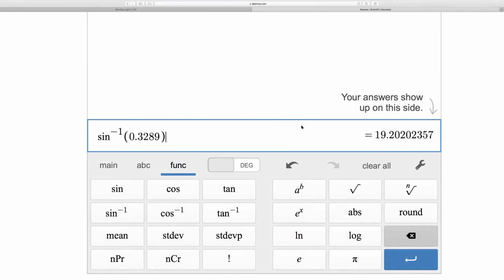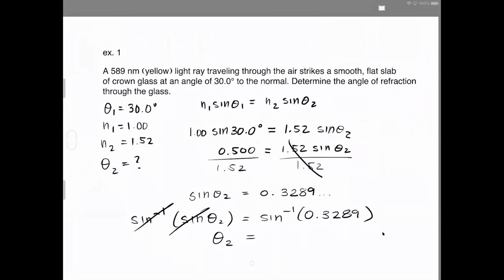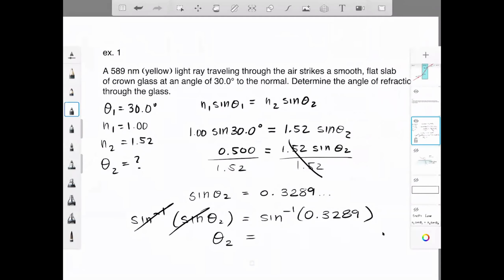All right, let's go back to the iPad. And there you have it. The angle of refraction is 19.2 degrees.